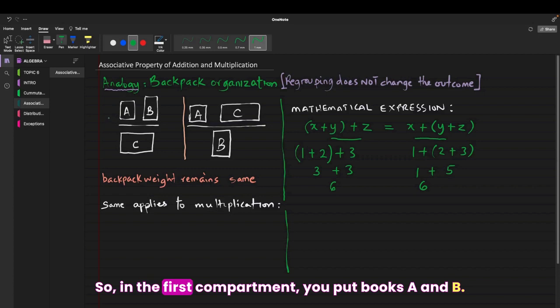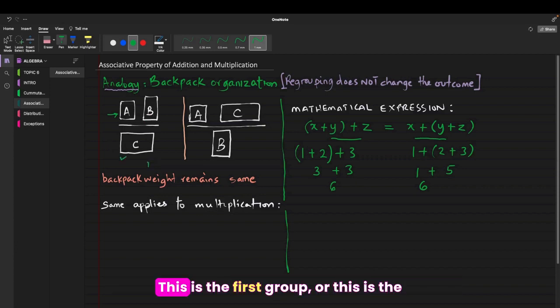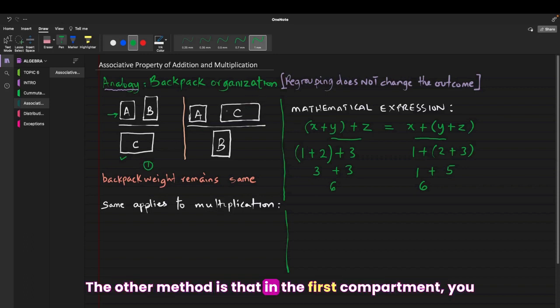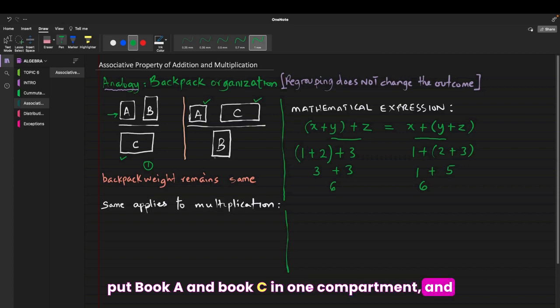So in the first compartment, you put books A and B, and in the second compartment, you put book C. This is the first method by which you could have done it. The other method is that in the first compartment, you put book A and book C, and in the other compartment you put book B.